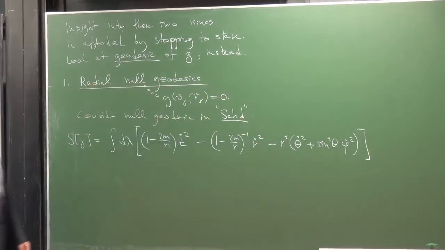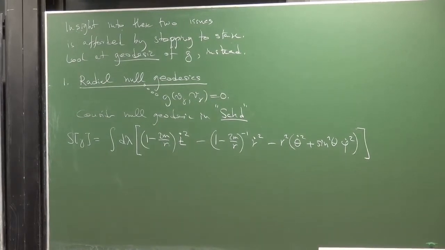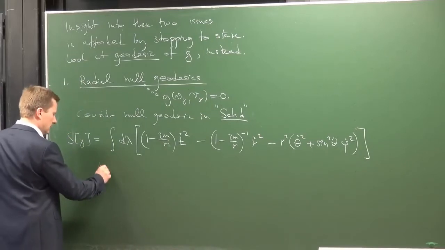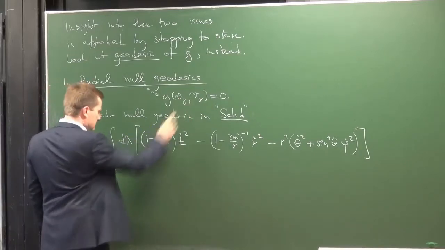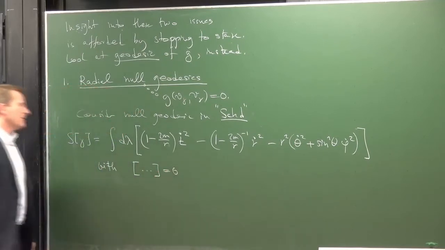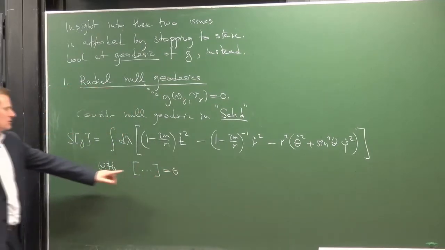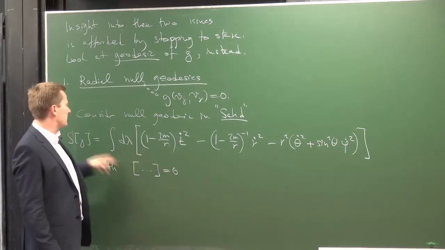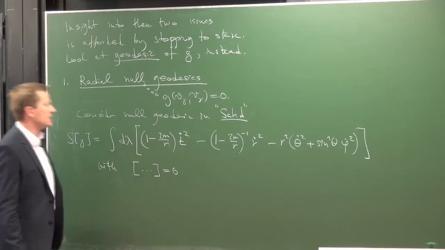That is the action for a massless geodesic if you provide the information that it's a null geodesic with the expression in brackets being 0. That's the additional condition. Now you say, oh, if I plug this in, it's 0. Well, you mustn't plug it in at this point. At this point, you first need to vary, and then you plug in.